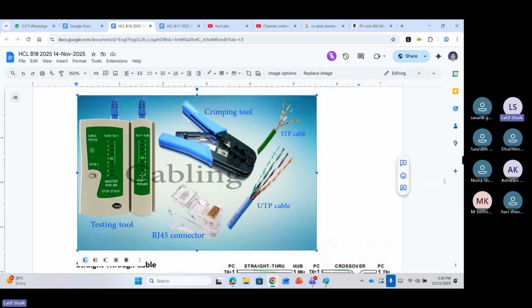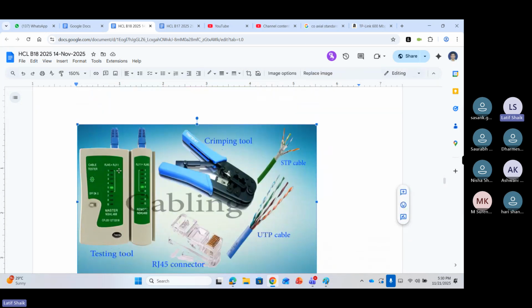This is called a cable tester, a network cable tester. You have a patch cable or a LAN cable. One end of the cable goes to one part of the tester, and the other end goes to the other part. This is one side of the cable, and this is the other side of the cable inserted into the tester.